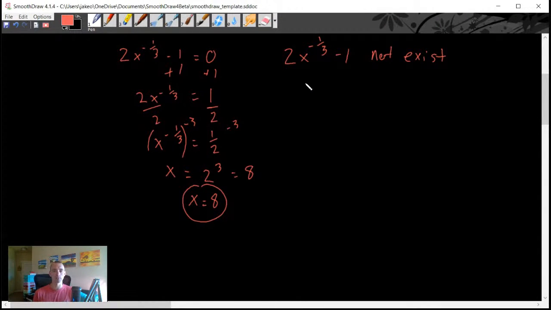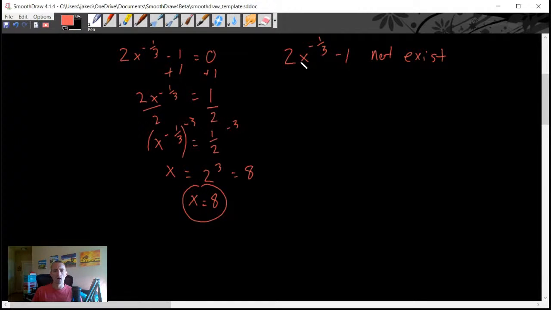What I mean by that is there's certain things that you just can't do, right? You can't divide by 0. You can't take the square root of a negative number. You can't take a log or natural log of 0 or a negative number. So you want to look for those kinds of things and figure out what x values would cause you to break the rules of math.